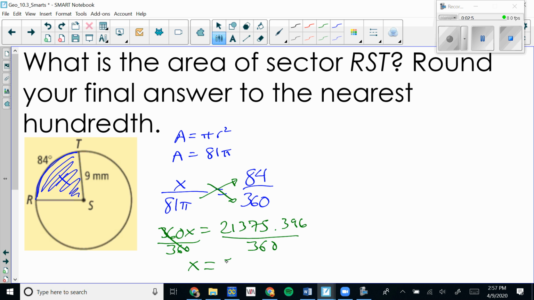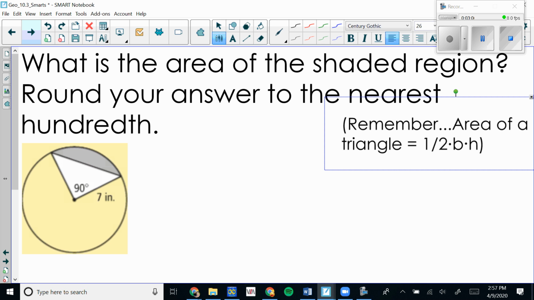So 59.38. And this is asking for the area of the sector, so it's still going to be in millimeters squared. Area always has the value squared. Okay, next one says, what is the area of the shaded region? Round your answer to the nearest hundredth. And this one just says, remember the area of a triangle is 1/2 base times height.